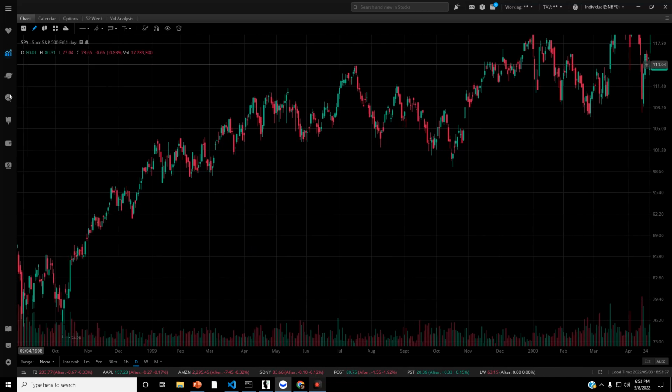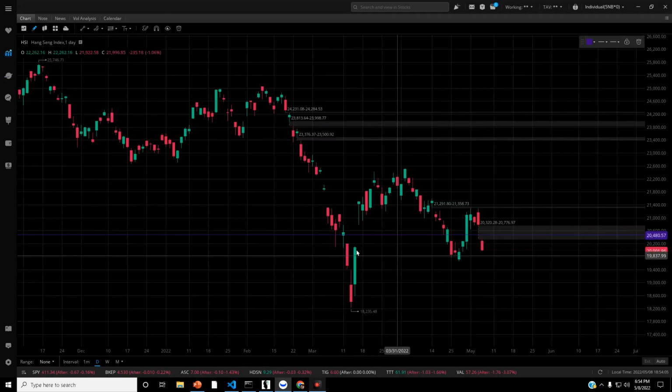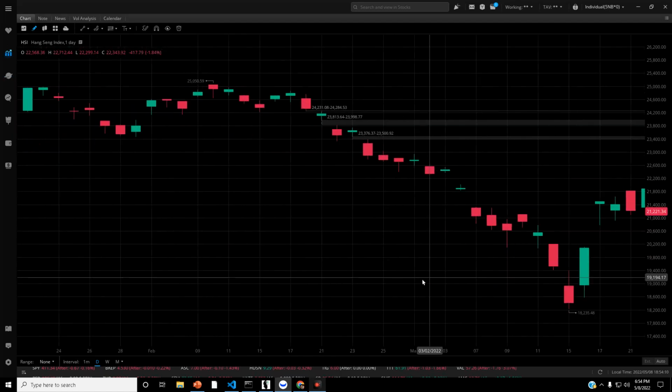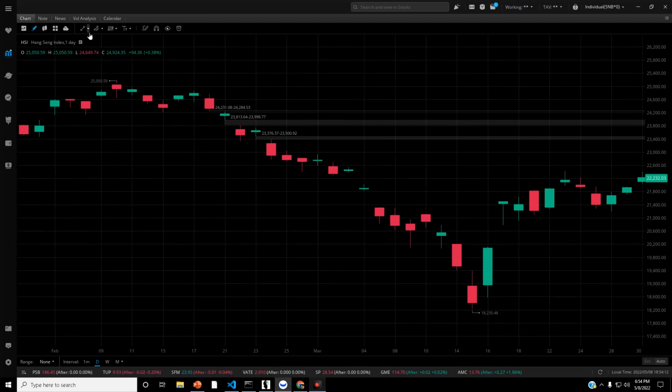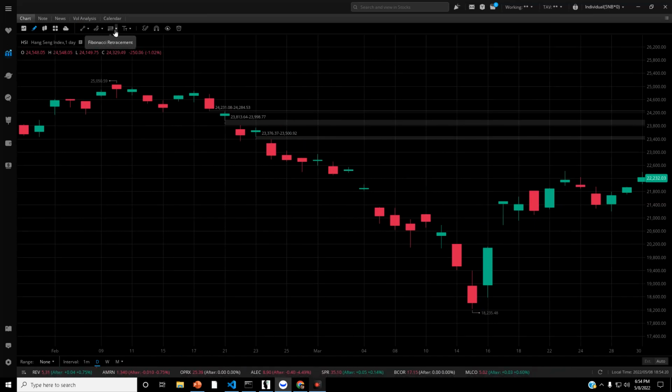And maybe the best use case for this is if we go look at the Hang Seng. Does anyone remember what happened the other day when this gap filled on the daily? It's going to be this one right here. Let's go ahead and make a line on this, and we're going to see how long it took for this gap to fill.